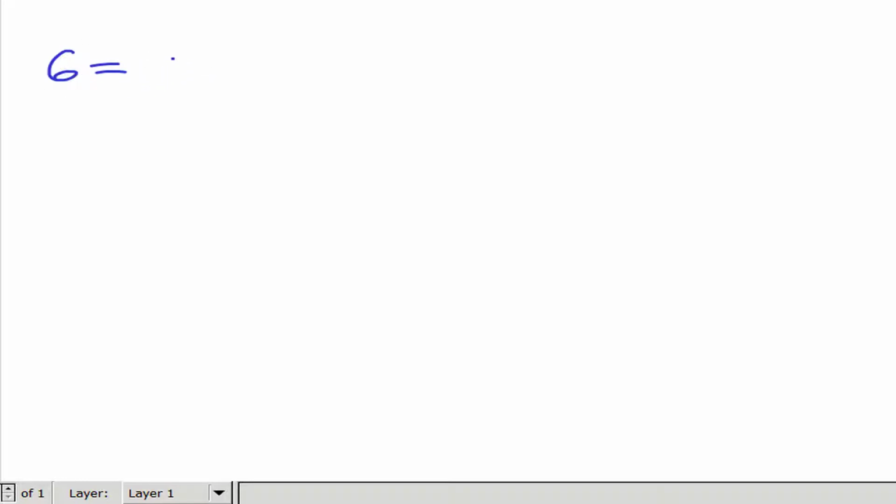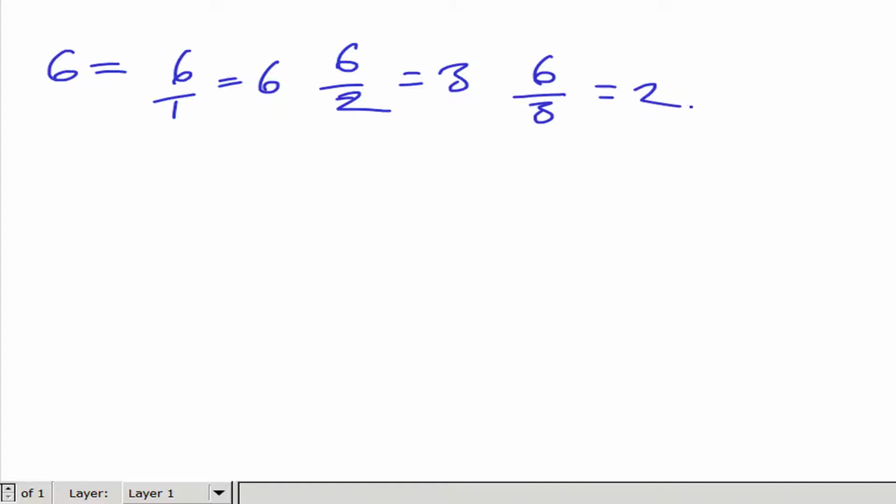For example, 6 divided by 1 equals 6. 6 divided by 2 equals 3. 6 divided by 3 equals 2. 6 divided by 6 equals 1. So 1, 2, 3, and 6 are all factors of 6.